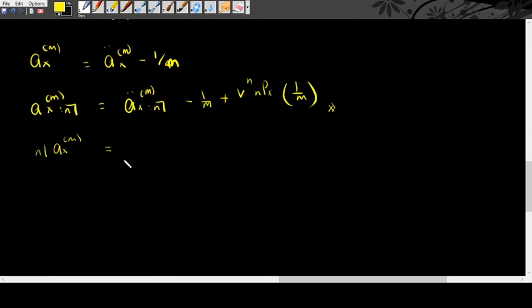So you are going to get n-deferred ä_x^(m) minus 1 over m v^n (n)px. To see it clearer, you can draw the timeline to compare each of these annuities.